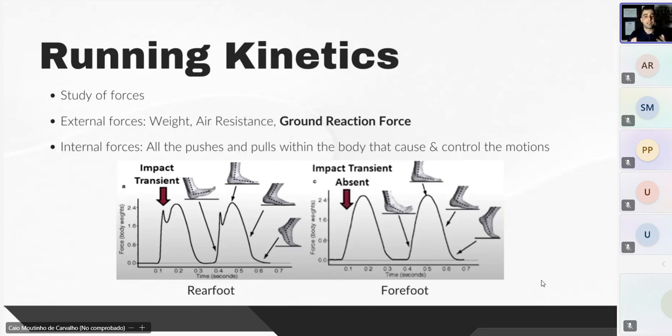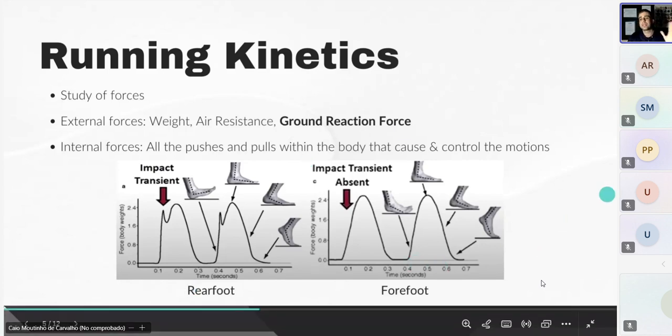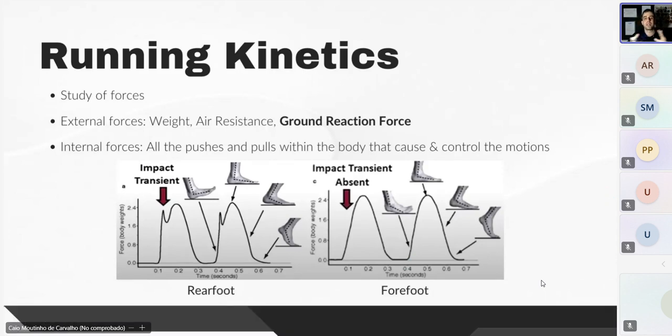That's how we can see the ground reaction force acting. This information shows that we do have differences, but it doesn't show exactly if this is prejudicial for the athlete or not. While running forefoot, it's a little bit smoother. As you can see, there's normally just one curve, which means the movement is a little bit more continuous. It's not separated in two.